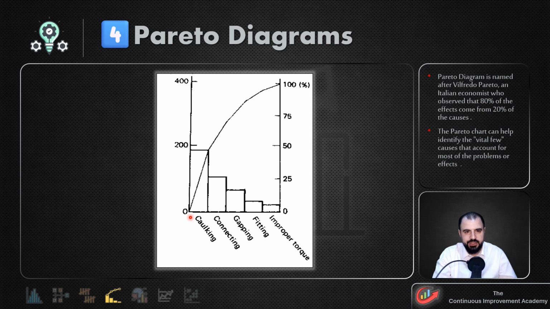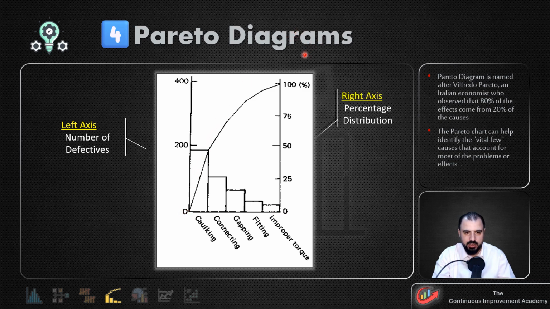So we have here this Pareto diagram, and we can see that the left axis represents the number of defectives. We can also see the different issues for these defective items, in a kind of histogram, and at the same time we can see this line graph.